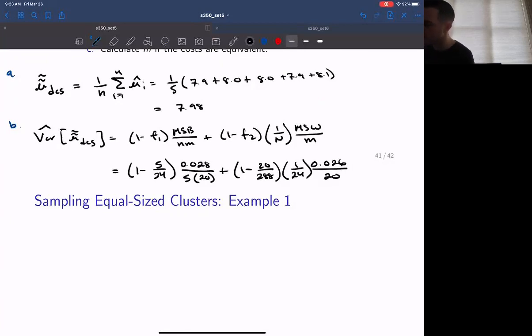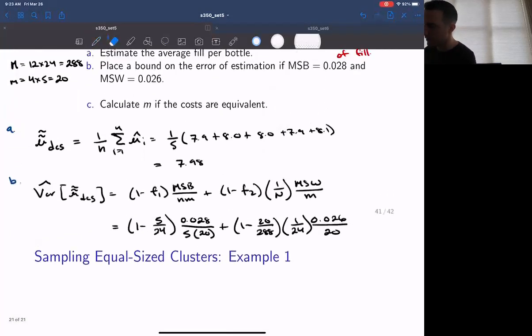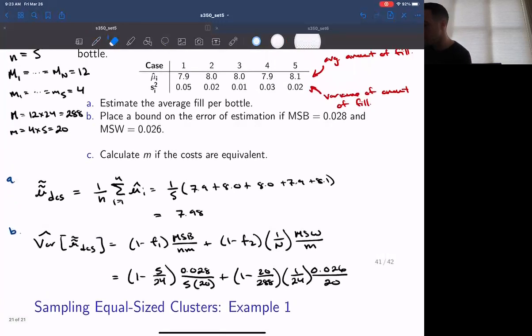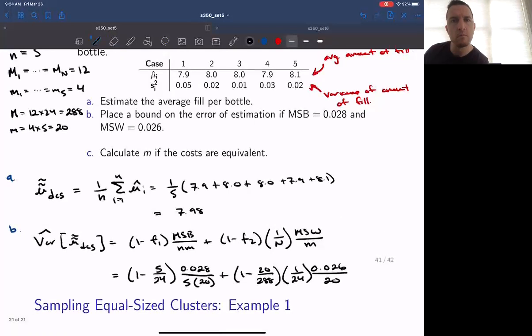So I misinterpreted one thing here where I took the total as capital M and I took the little m as being the total across all of the clusters. Okay. Sorry about this.